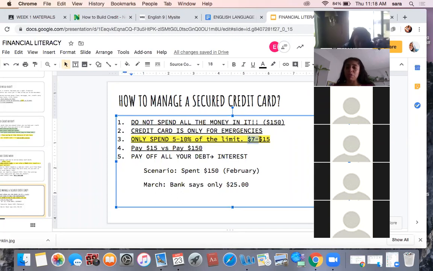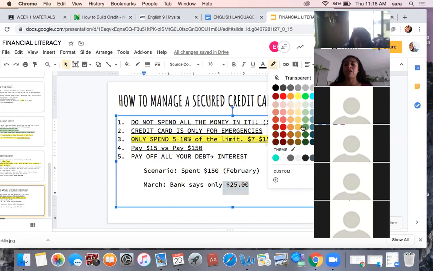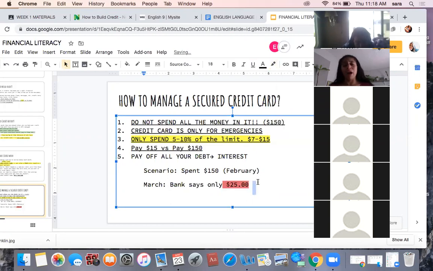But of course, if she had spent just $7 to $15, no worry there. She just pays it back in full. But there's a lot of people that decide to just pay this $25. It's easy for them. They're like, oh, I don't owe 150. I only owe $25. So let me send the bank $25.